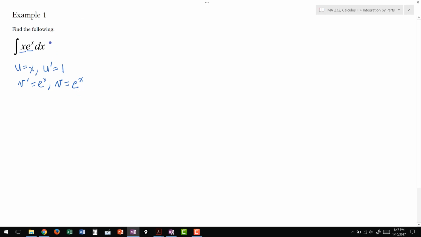So when we apply the integration by parts formula, the original integral will be equal to u times v minus the integral of v u prime.